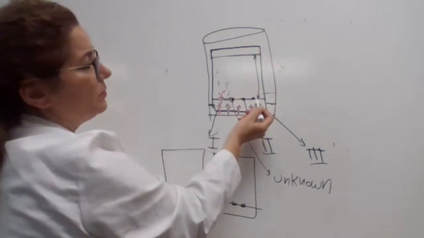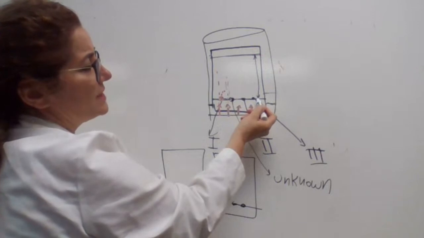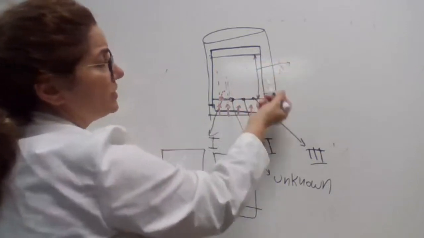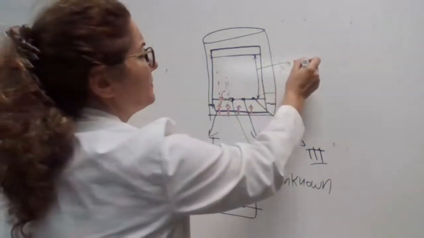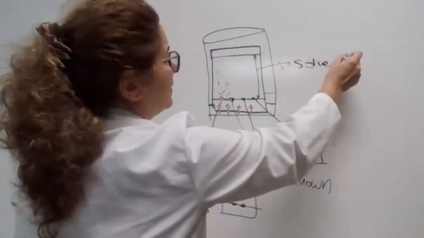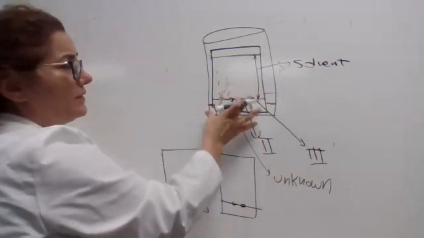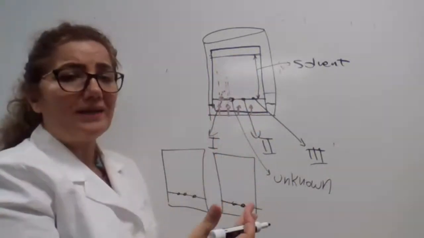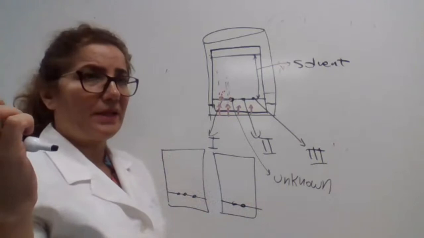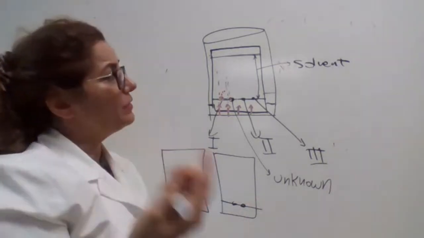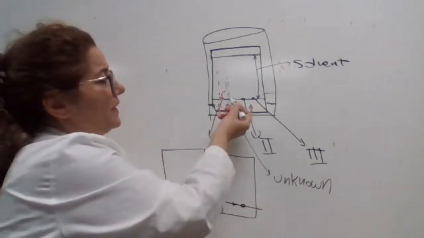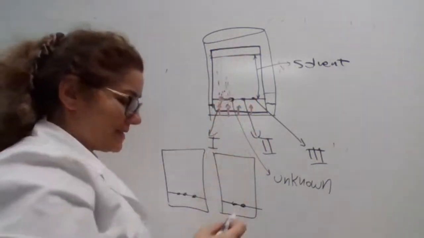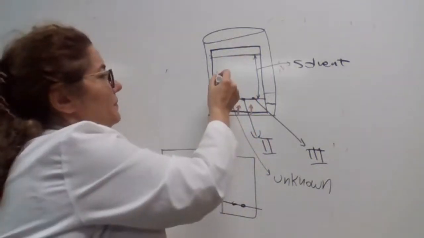The distance between the line where you have your sample and the solvent front is the distance traveled by the solvent. Then you dry it and look at it under the UV lamp, and you should be able to see these spots moving up. Let's say your sample moves up like this.